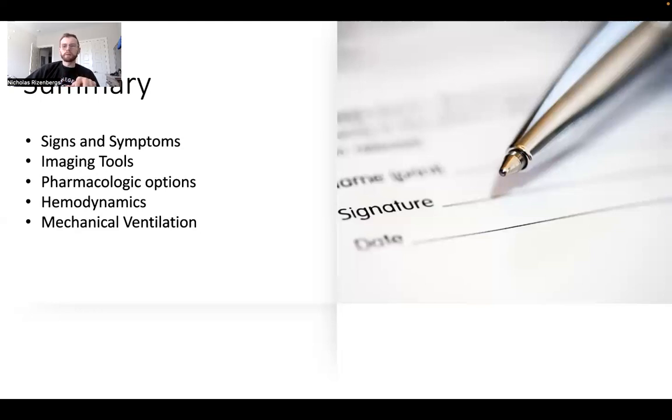So with the mechanical ventilation, there's actually a lot more on this one than the others because of the sepsis-induced ARDS. Protective lung strategies, low tidal volume, 6 mLs per kilogram ideal body weight, low PEEP. You want to have optimum PEEP so that you're not going to over distend the lungs or cause hemodynamic instability.